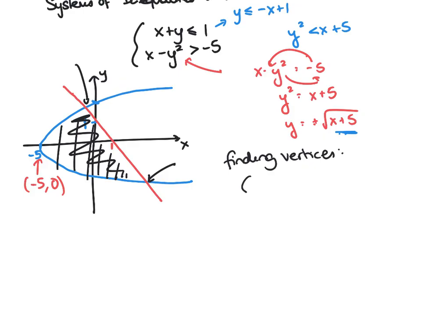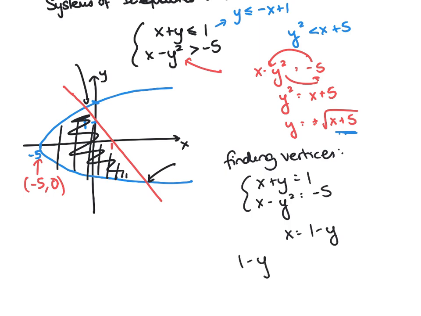So x plus y is less than or equal to 1, and x minus y squared is greater than minus 5. Let's set these as equalities, because that is what we have to do to find the vertex. So x is 1 minus y.